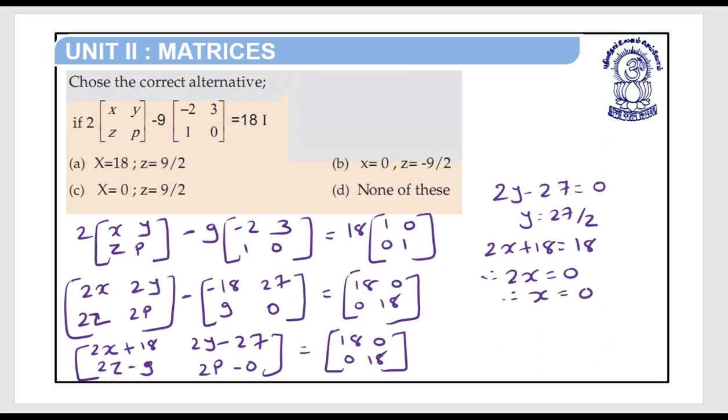So x is equal to 0. 2z minus 9 is equal to 18. So 2z minus 9 is equal to, here, 0. So 2z is equal to 9. So z is equal to 9 by 2. X is equal to 0 and z is equal to 9 by 2. So answer is C.